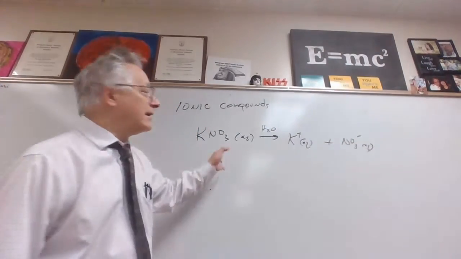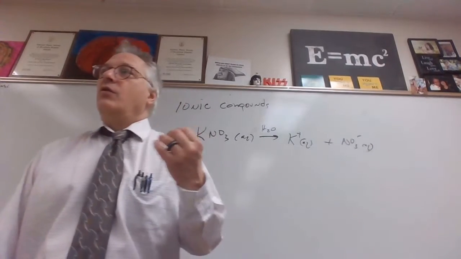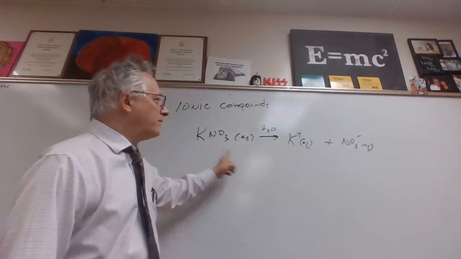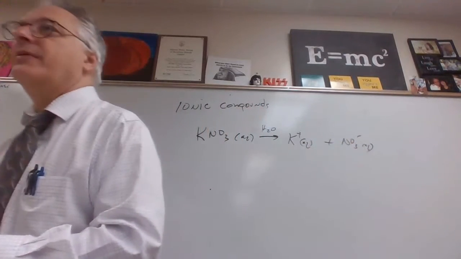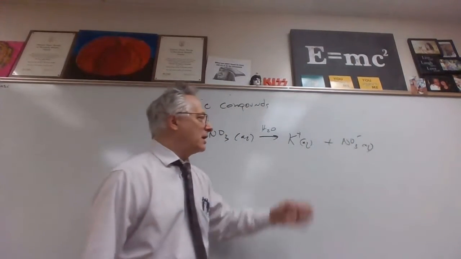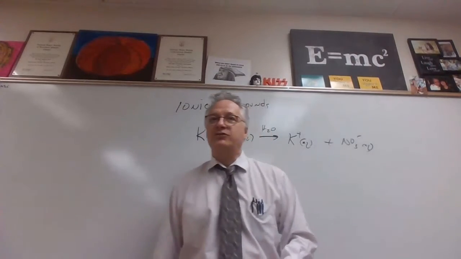Now, some interesting things about ionic compounds. Once I dissolve this, look at these two particles. They have electrical charges on them. The potassium has a positive charge, the nitrate has a negative charge.